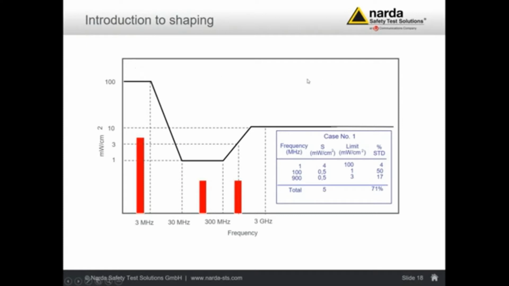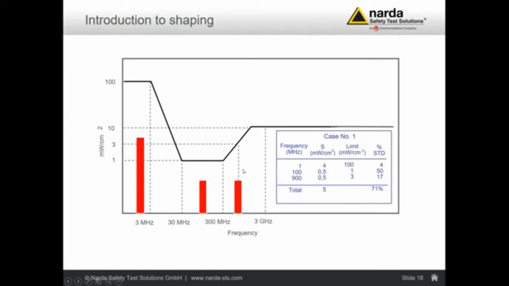Then it doesn't matter at which frequency it is, I will be over the limit value. If I measure below 1 milliwatt per centimeter square, I can say I will never exceed the limit curve because I'm always even below the lowest limit value. So 5 milliwatts puts us a little bit into trouble. I don't know, therefore I need the information about the frequency.